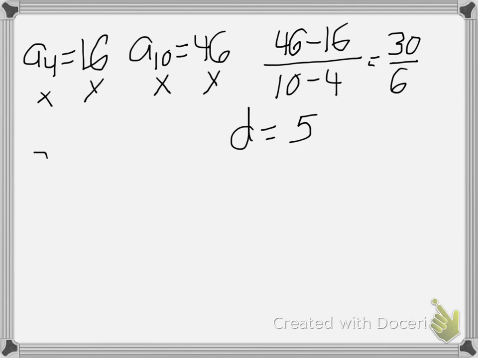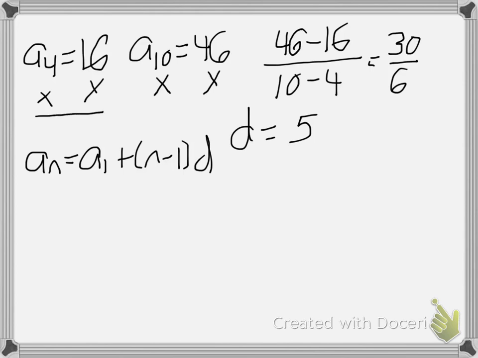Now we need to actually write our rule. A sub n equals a sub 1 plus n minus 1 times d. Well, we don't know a sub 1, so we're going to have to figure that out. So we have to use either the a sub 4 equals 16 or the a sub 10 equals 46 to figure out a sub 1. So this is the hardest problem just because it has the most work. It's not because it's a difficult type of math.